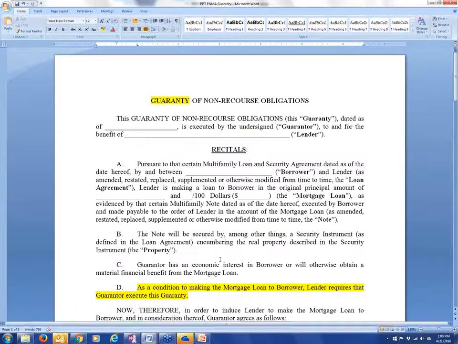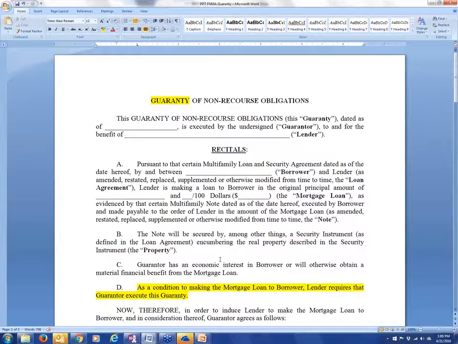This is what throws people for a loop. Okay? Remember, if you look at the loan agreement document, the party that we're talking about here is the borrower. But remember I told you before, well, what happens if the borrower is ABC Investments LLC and the borrower goes belly up and there's no money in there, and now they have triggered a situation where it's no longer non-recourse, it's now recourse.